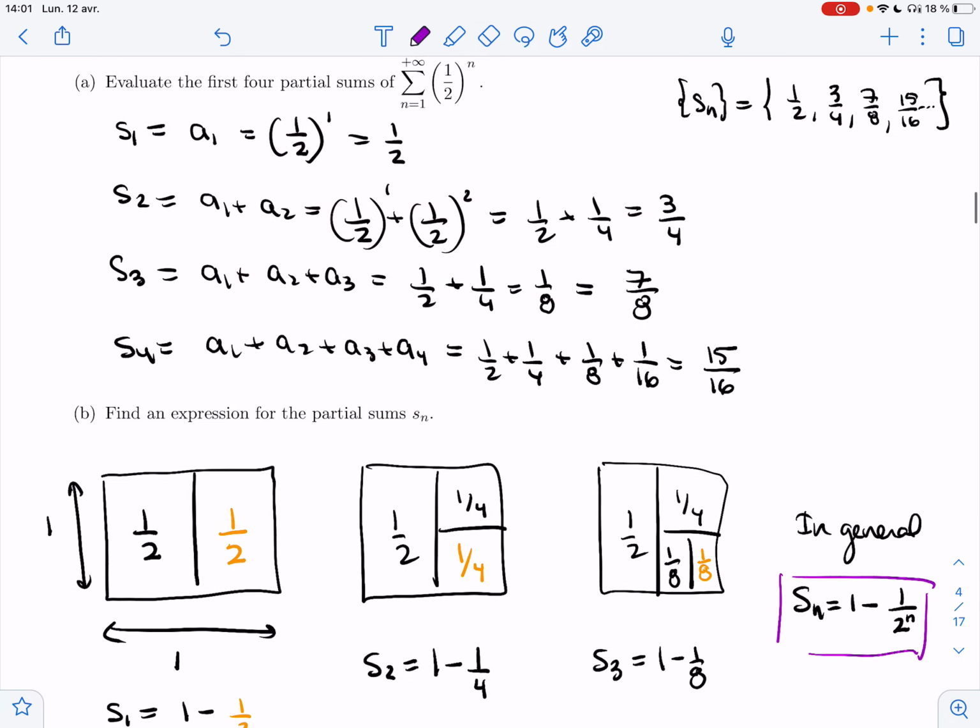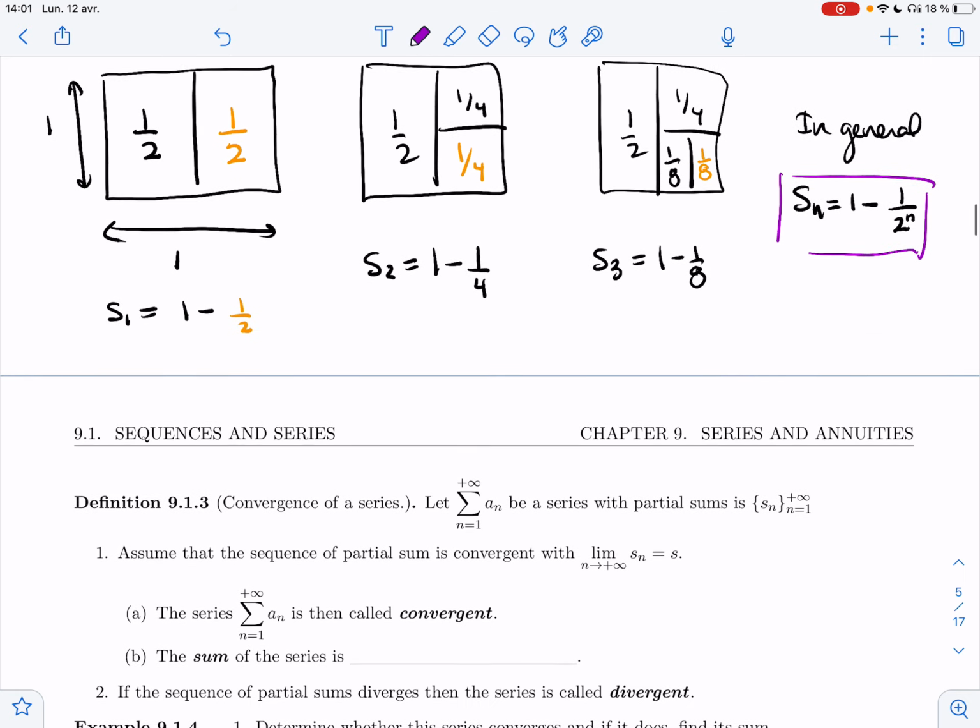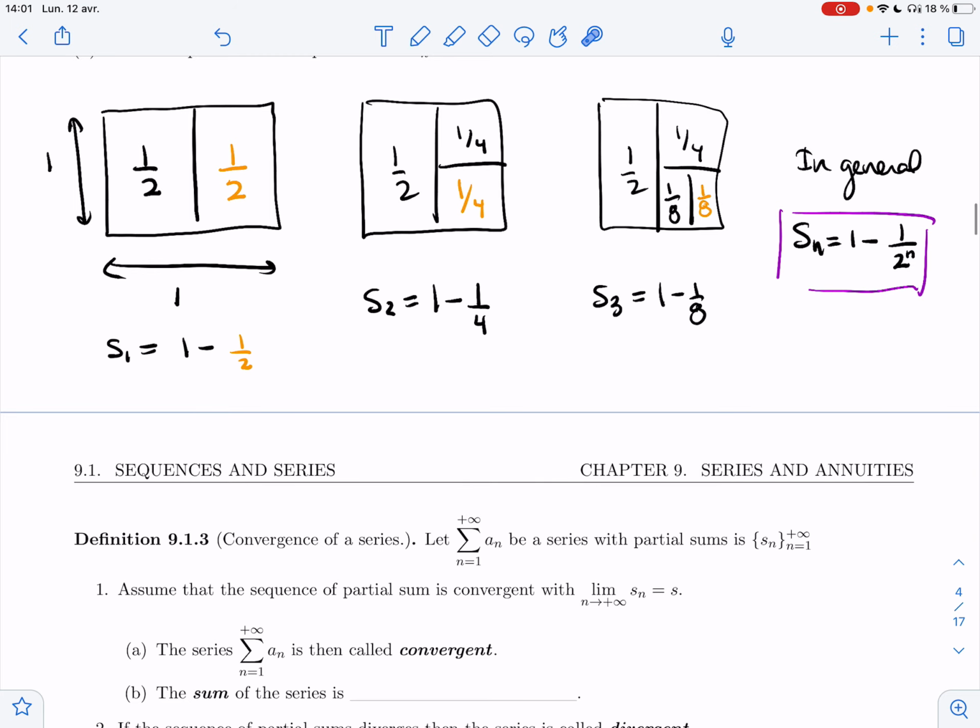All right, so that's what the partial sum means. So you add up a bunch of terms. The number of terms you add up keeps increasing, and you try to figure out a pattern. All right, so let's see how this relates to the full series.